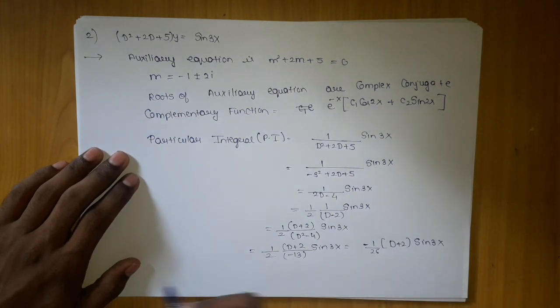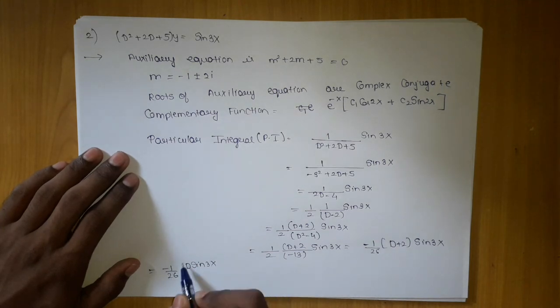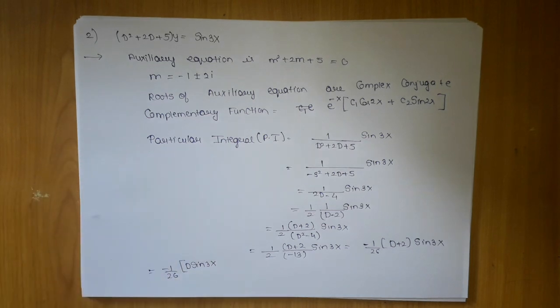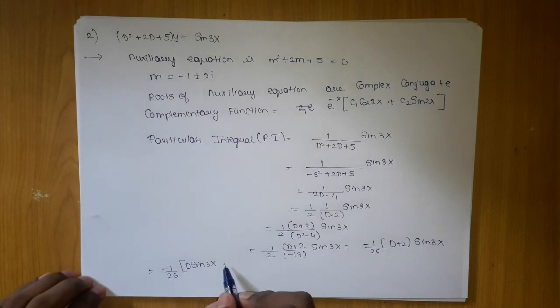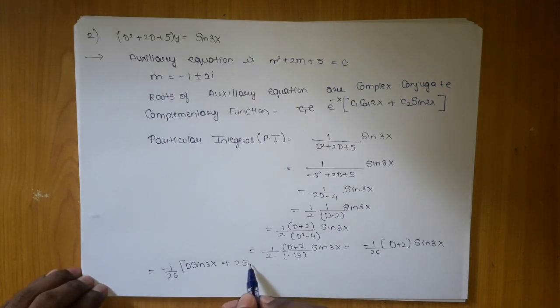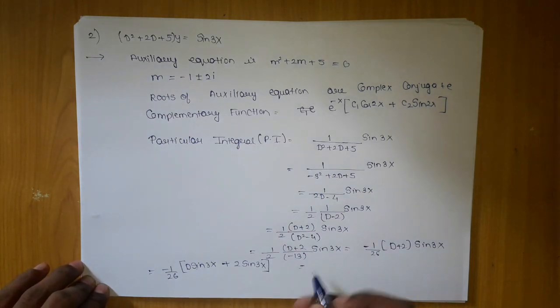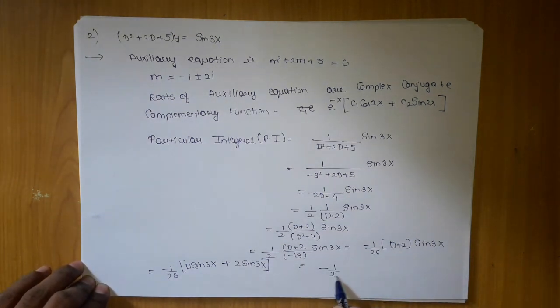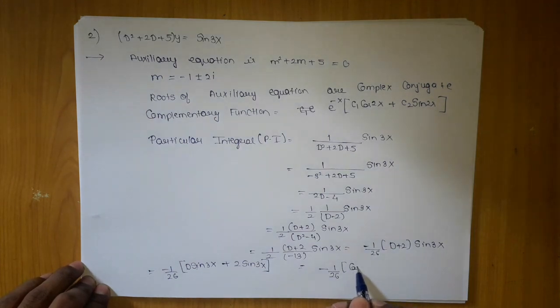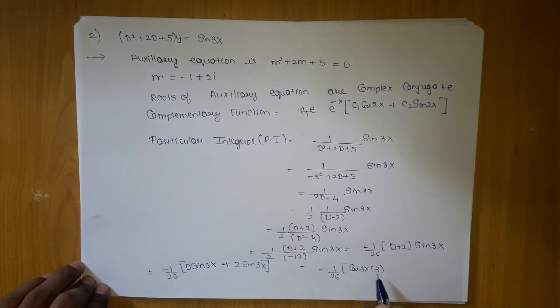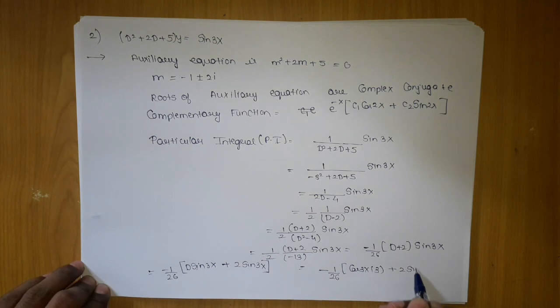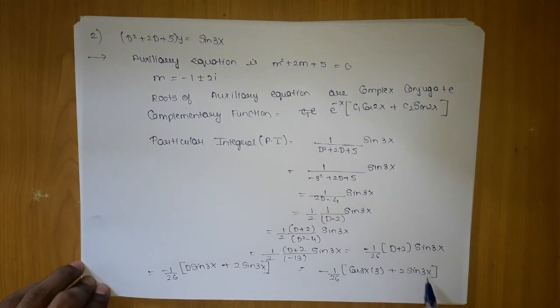We multiply by d sin 3x and here we will get 2 sin 3x. D is a differential operator, it will differentiate this, which will give us 1 by 26 here cos 3x into 3 plus 2 sin 3x as our answer.